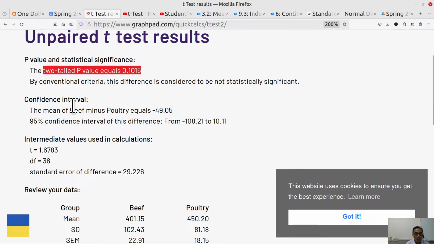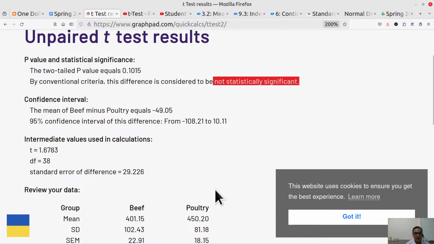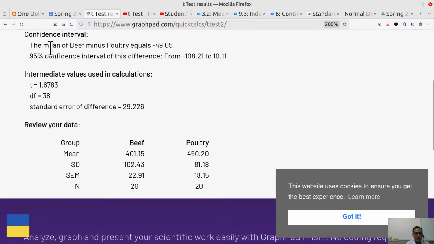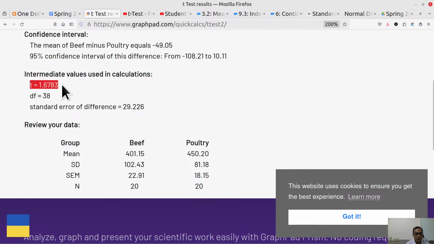By conventional criteria, this difference is considered to be not statistically significant. Then the mean difference for the beef is about -49. The 95% confidence interval is like this. And the t-value sometimes is not important for us. And degrees of freedom is 38.